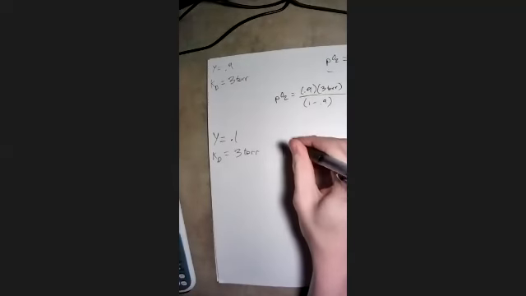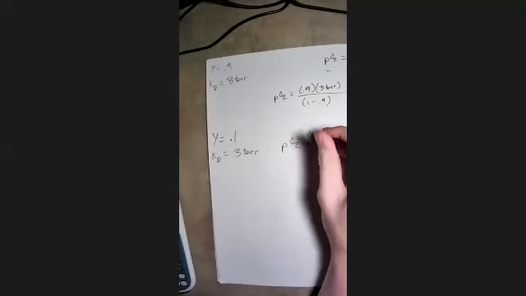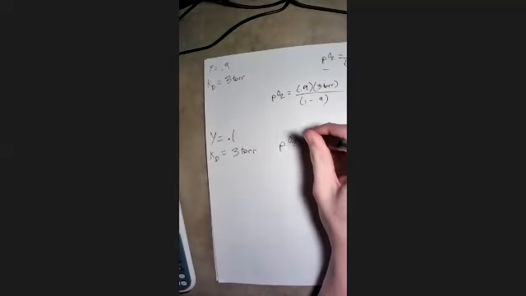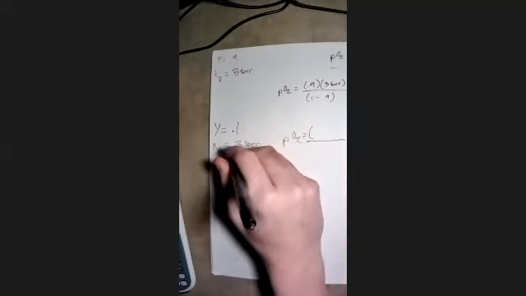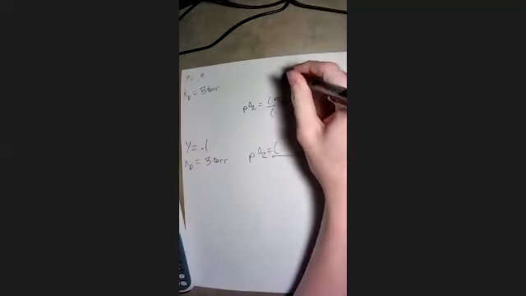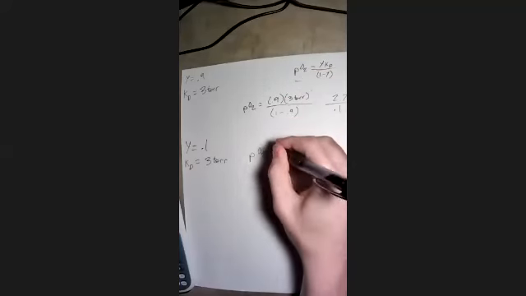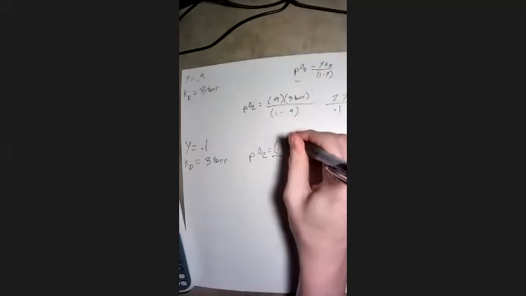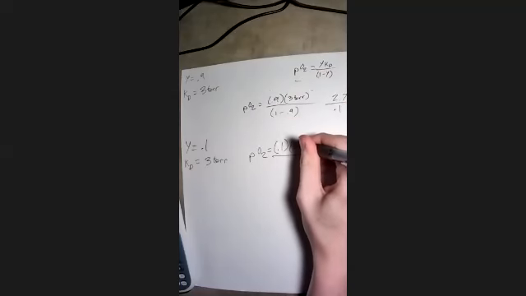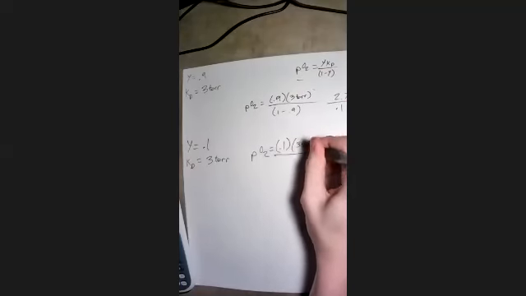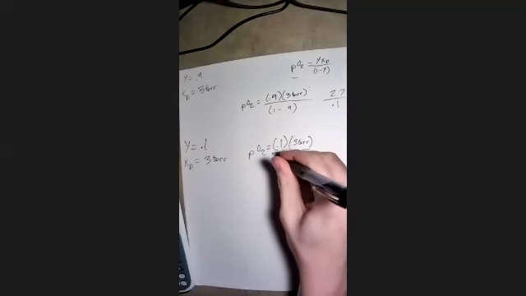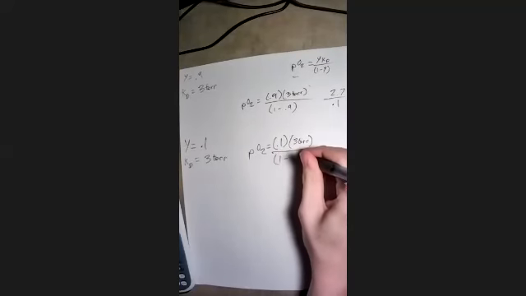So PO2, following the equation we derived earlier, is 0.1 times 3 torr over 1 minus 0.1.